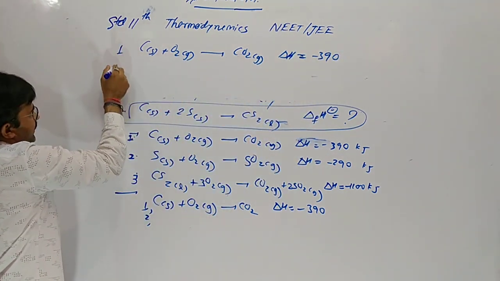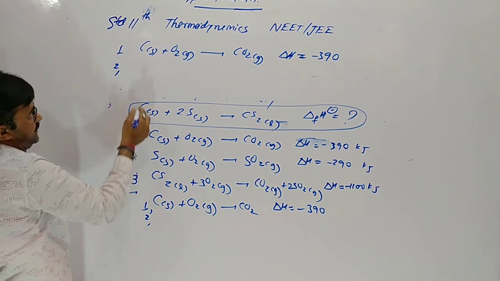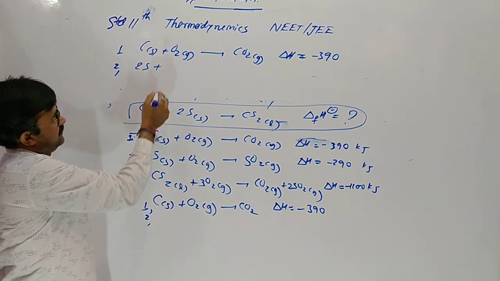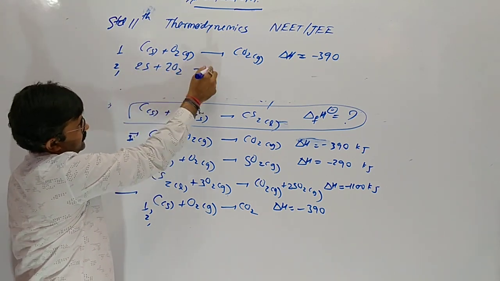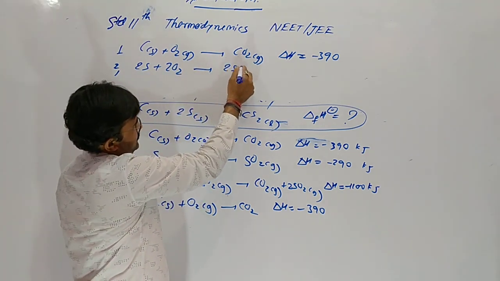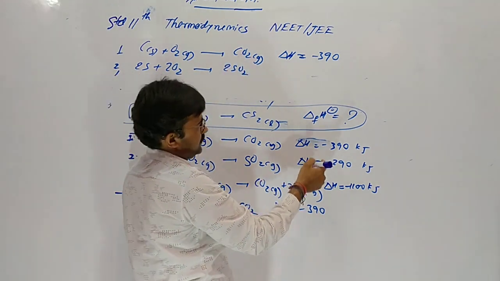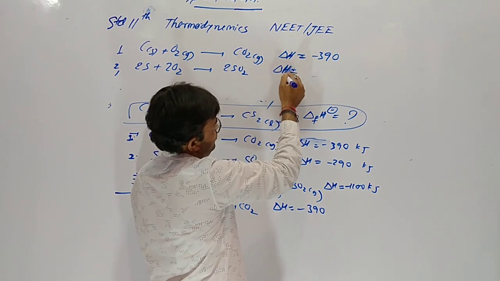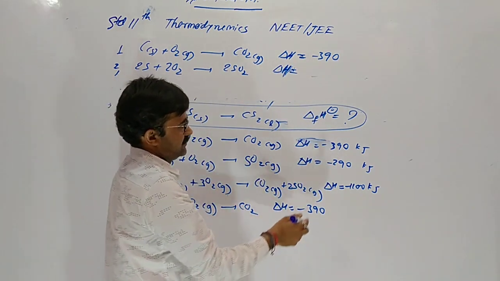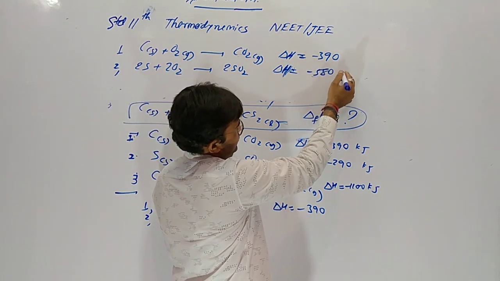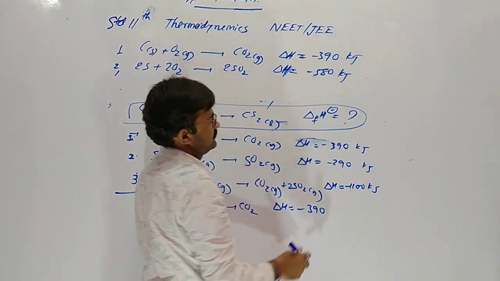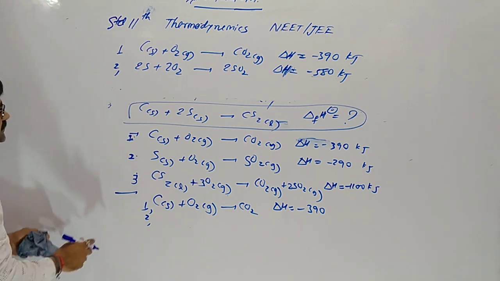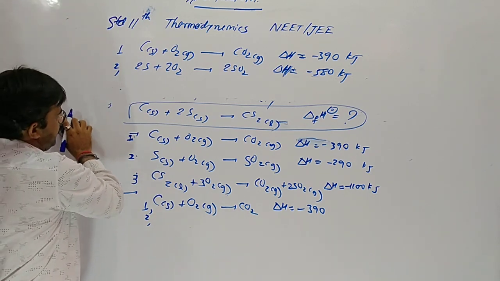We are multiplying by 2 second reaction. So 2S plus 2O2 gives 2SO2. Value will be twice here. Whole reaction is multiplied by 2. Yeah, double 290. So 580 kilojoule. 1 and 2 in the total.